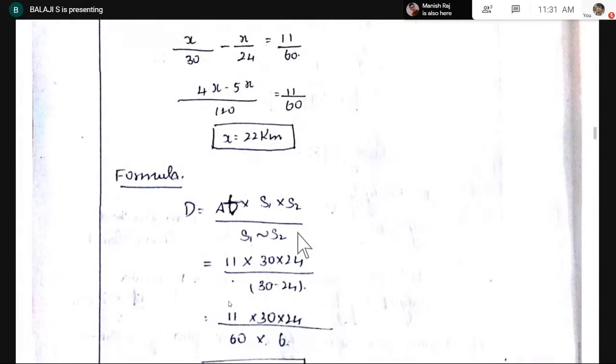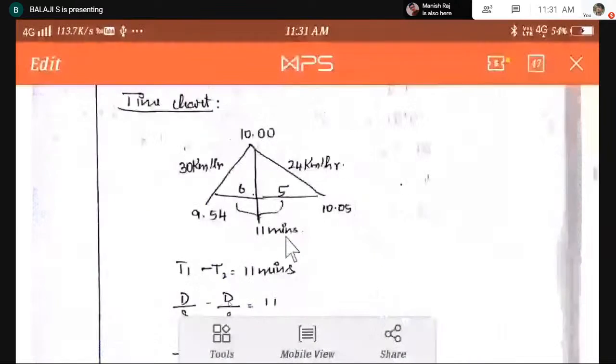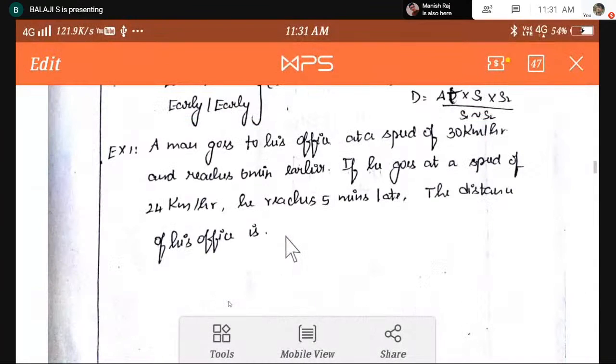Another way is the formula method. The formula is d is equal to del t into s1 into s2 by s1 minus s2. I again say, if the question contains early as well as late, you must add the timings. And if the question contains early and early, or late and late, you must subtract the times.